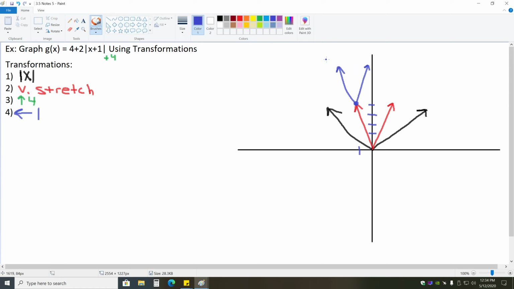And we always want to note what the final function is. So this v here is our function g of x, and this is what the graph of 4 plus 2 times the absolute value of x plus 1 looks like.